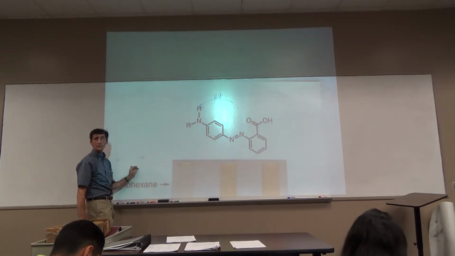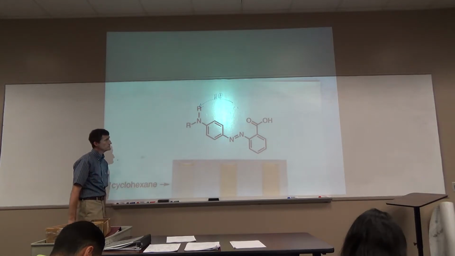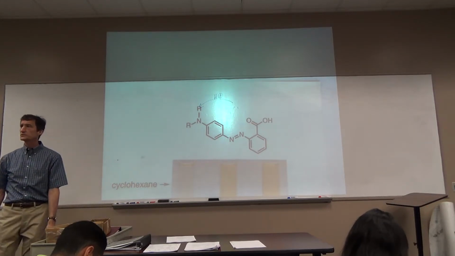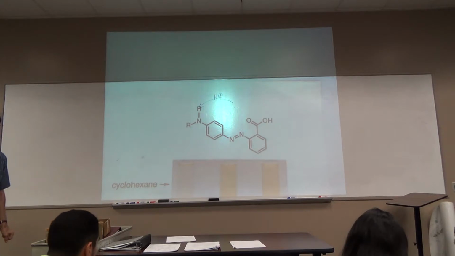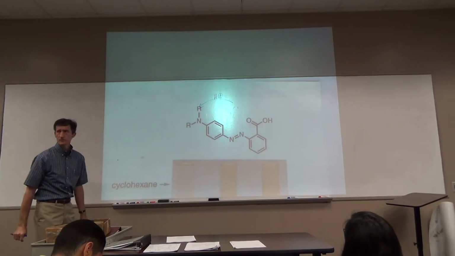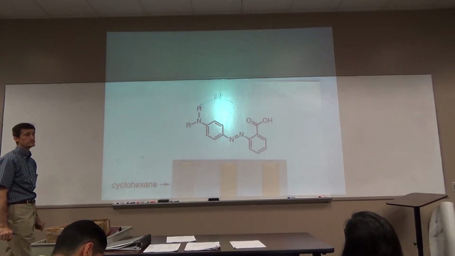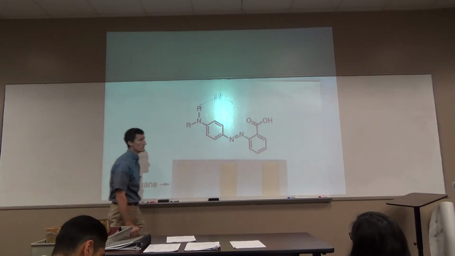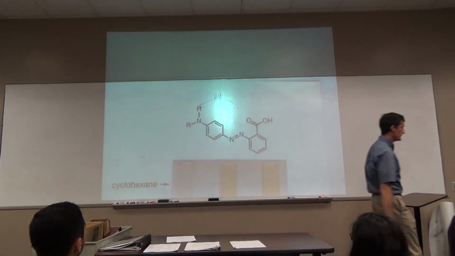How many total p orbitals are present? How many electrons are in p orbitals, which would be called pi electrons? Electrons that are in p orbitals are called pi electrons. How many pi electrons does that molecule contain? Those are examples of some questions, right?